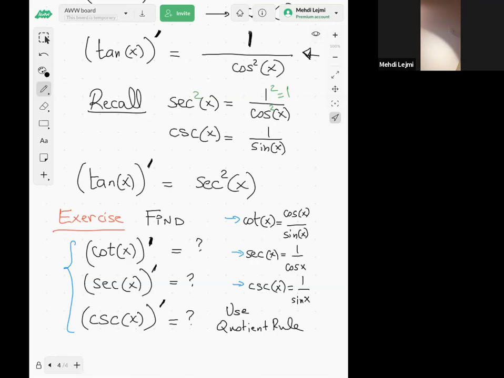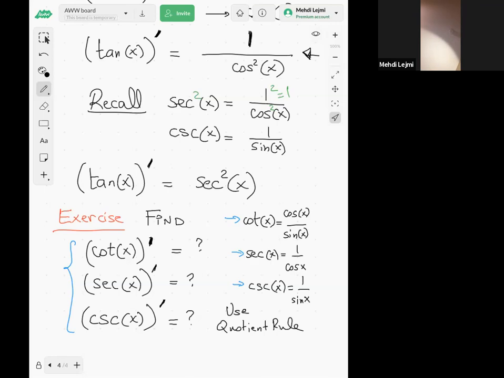It's sine over cosine square. And actually, sine over cosine square, you can write as secant of x times tangent of x, right?